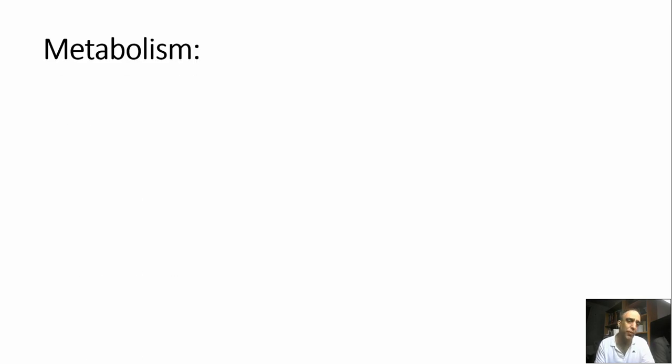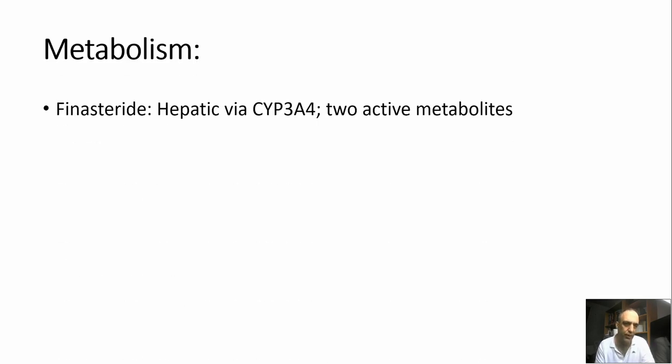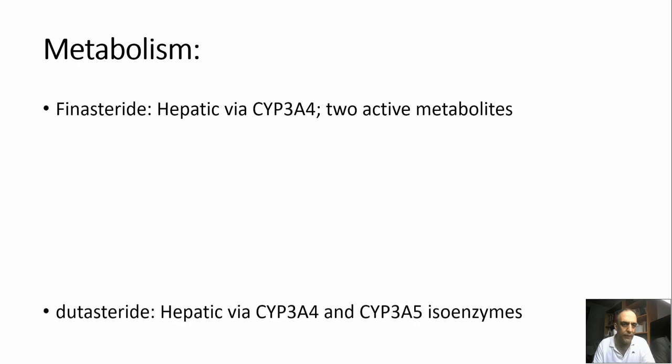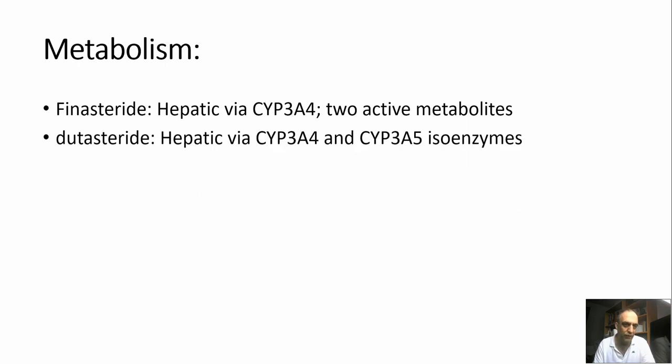In metabolism, both of these drugs are metabolized in the liver. The hepatic enzyme CYP3A4 metabolizes finasteride into 2 active metabolites, and these active metabolites are weaker compared to finasteride. But for dutasteride, the hepatic CYP3A4 and CYP3A5 isoenzymes metabolize it into 3 active metabolites.